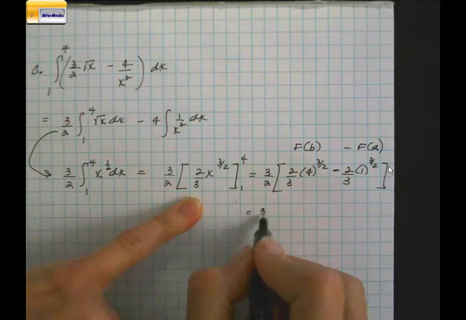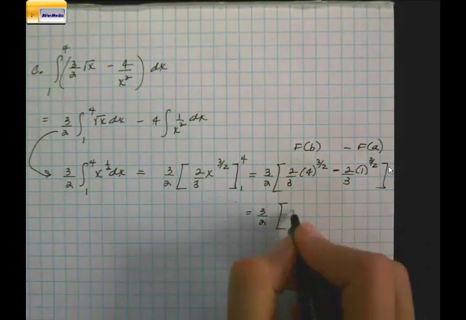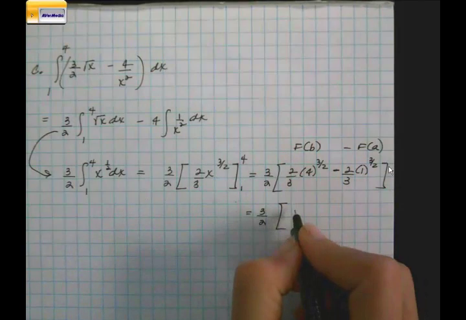So this then equals 3 halves times 2/3 times 2 cubed is 8, which is 16/3, right? Do y'all agree? I got 16/3. What did you get?